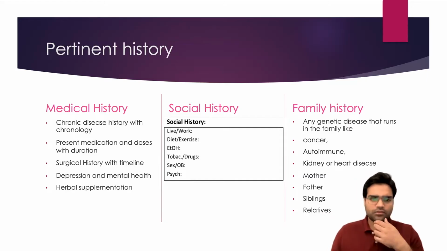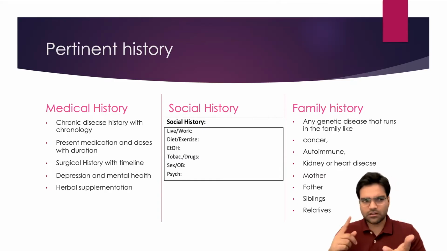You also have to ask the sexual history, and obstetric history, which is for females only, and whether he uses protection, or has multiple sexual partners. All these things you have to mention.